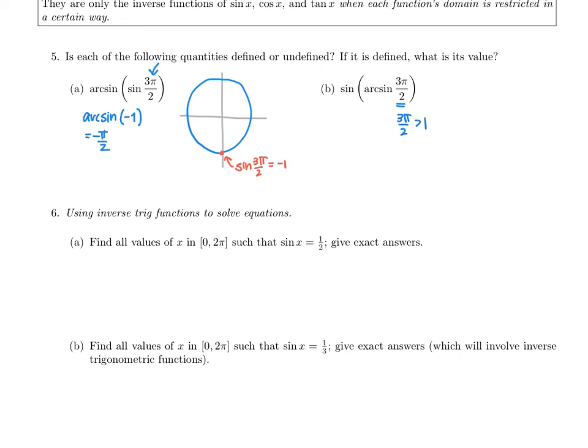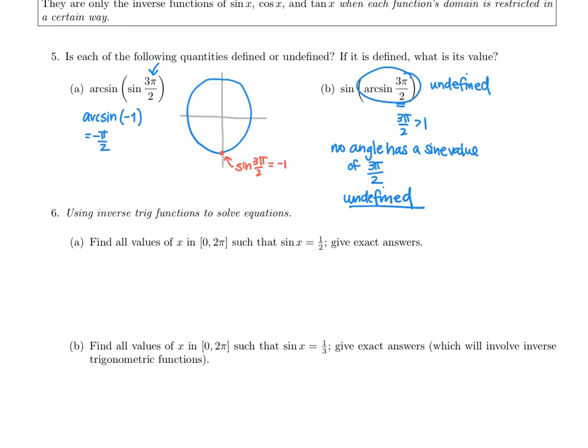Well, 3 pi over 2 is not achieved by any angle measure as a sine value. And so this in here is undefined, because no angle has a sine value of 3 pi over 2. So B's entire expression is undefined. Right? You can't take the sine value of an undefined number.